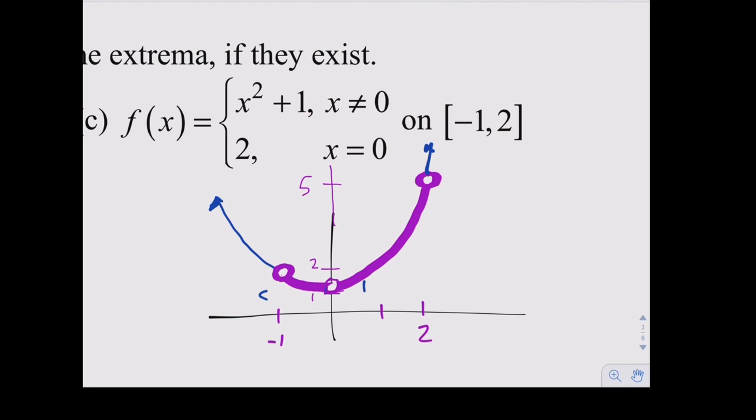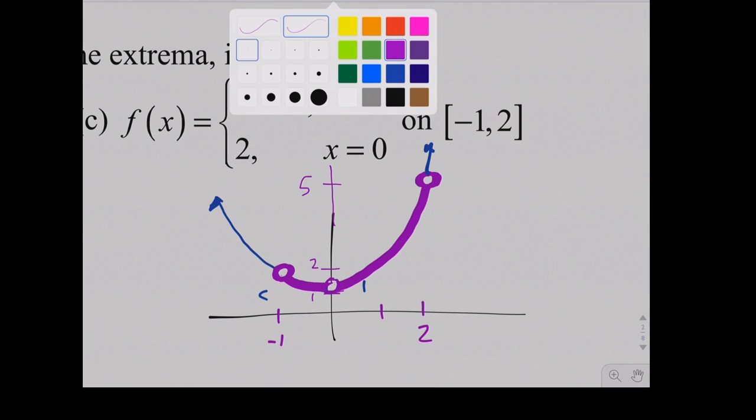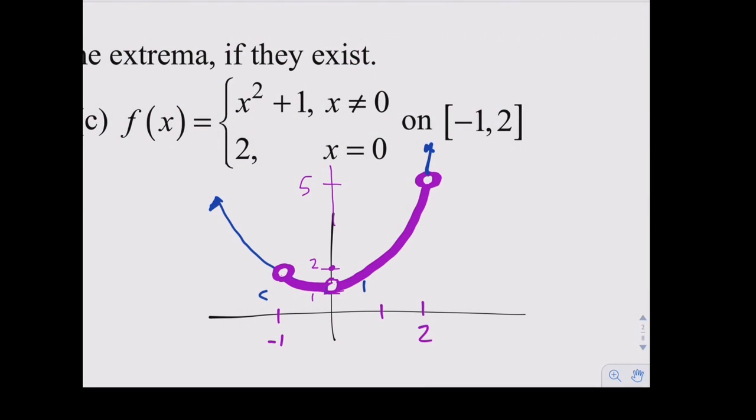Right, take away the y-intercept at 1 and explicitly call it what? 2, which is right here. Okay, sweet.